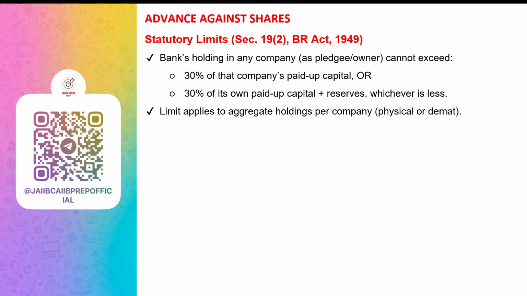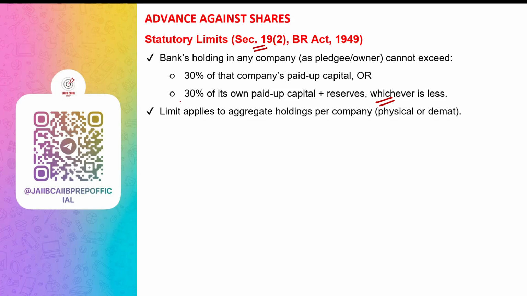Statutory limit. So statutory limit is provided under Banking Regulation Act. So section 19 subsection 2 of the Banking Regulation Act 1949 provides a statutory limit on shareholding, which states that a bank cannot hold shares of any company as pledge or as owner exceeding 30% of that company's paid up share capital, or 30% of the bank's own paid up share capital plus reserves, whichever is less.